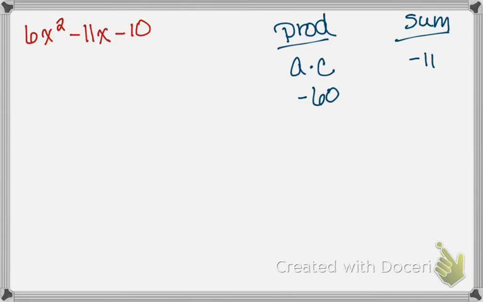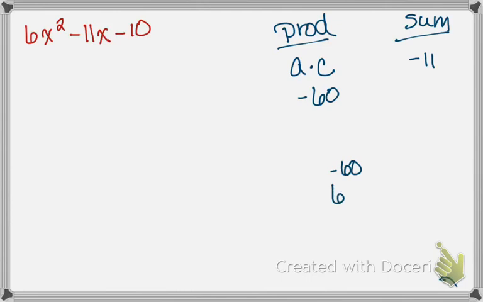Okay. So now we're going to work this one out. I always start with my product. So I've got negative 60. I'm just going to list everything that multiplied together gives me 60. And this is where the guess and check is, when you're multiplying out to see what multiplied together gets 60. Because it ends in a 0, I know that 10 goes into it.